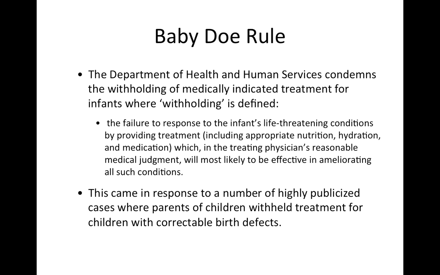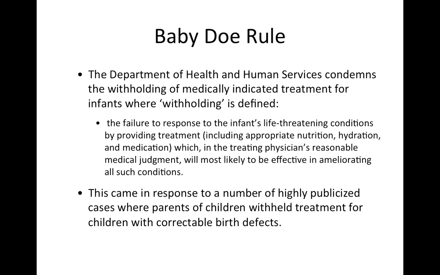I want to mention the Baby Doe rule. It was mentioned briefly in the chapter. This might be a case that we looked at last unit in talking about medical paternalism, where informed consent can be overruled. The Baby Doe rule is the commission, actually, from any hospital that receives federal funding, that will condemn the withholding of medically indicated treatment for infants.